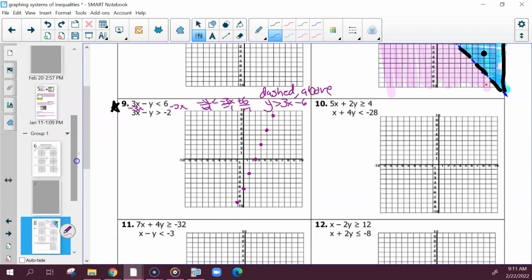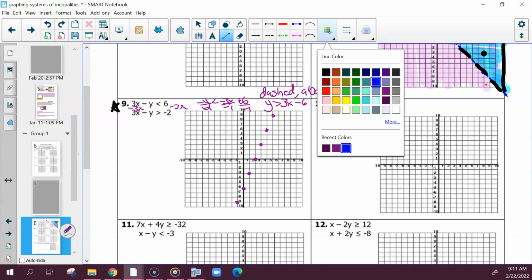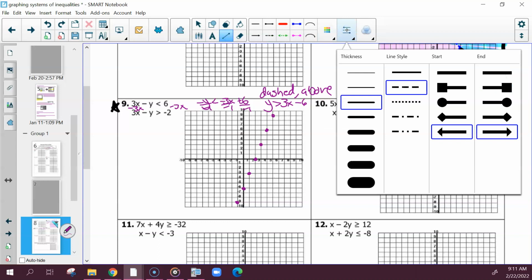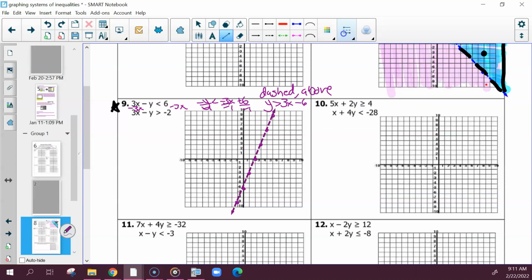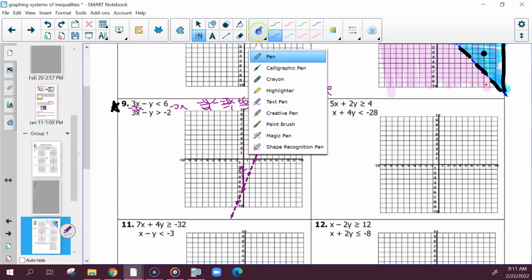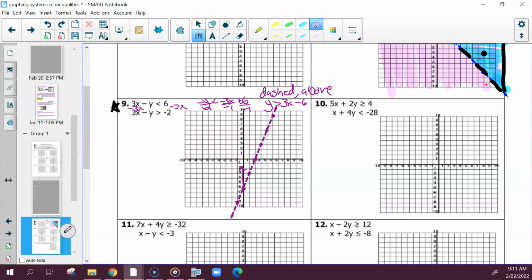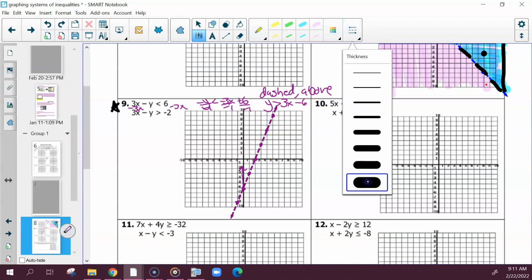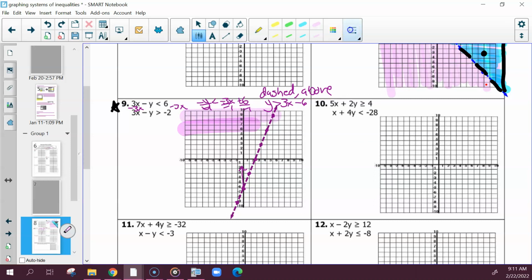Above. Above for this one would be if I'm going up, so that would be this area over here.